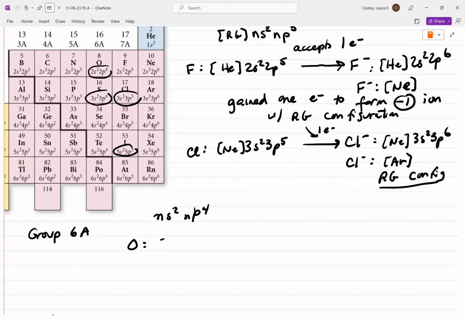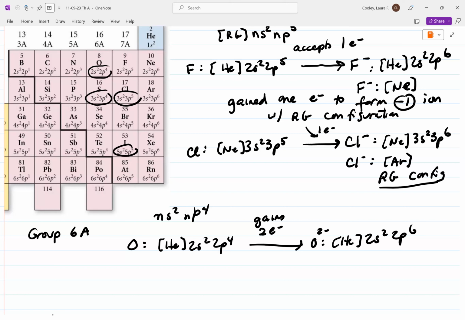So oxygen starts out as helium 2s2, 2p4. It gains 2 electrons. So it becomes O2- helium 2s2, 2p6, which is really neon. Okay, so it gets that configuration.